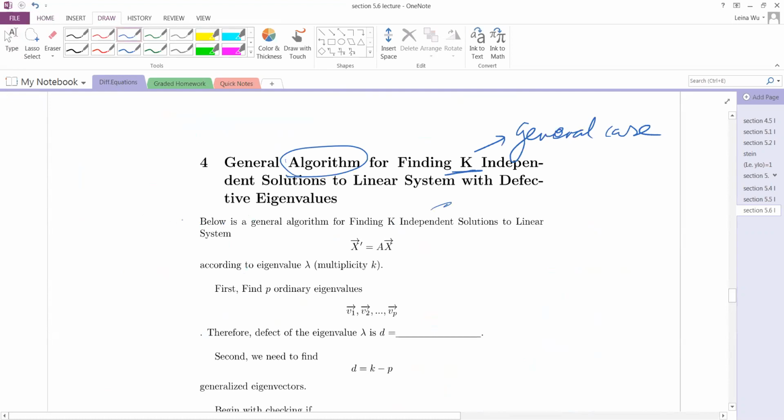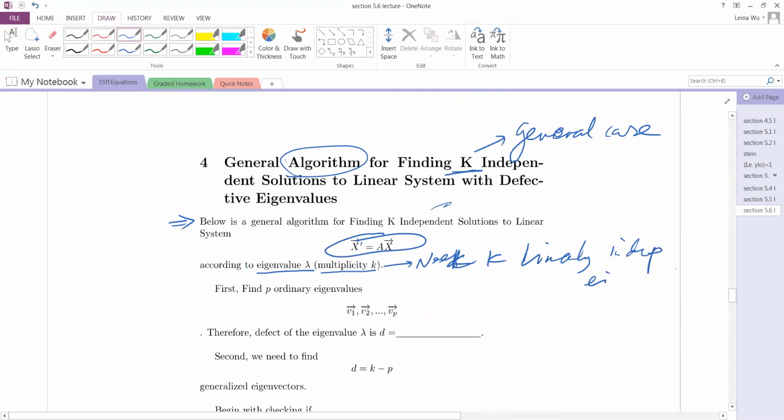Suppose we have a first order linear system, x prime equals Ax, and we have found one eigenvalue lambda with multiplicity k. Then we understand we need k linearly independent eigenvectors.